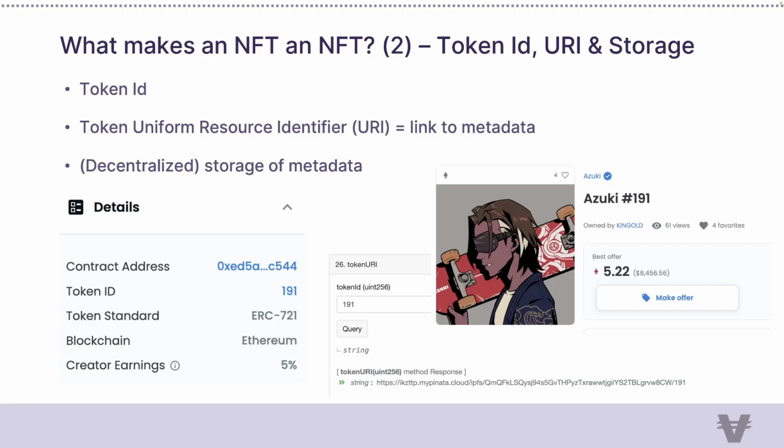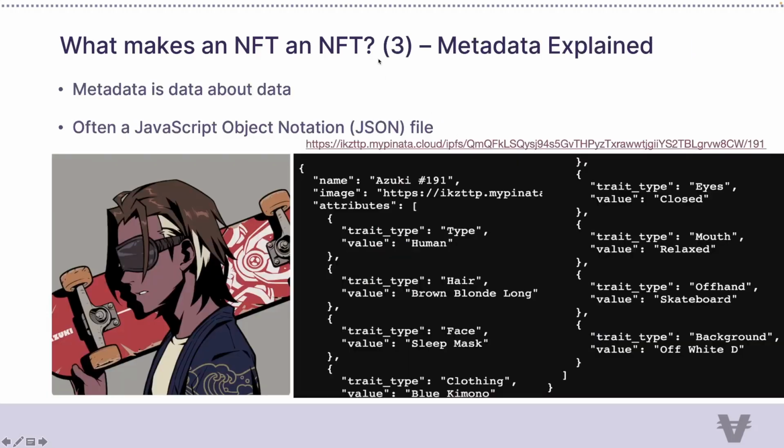And when you query that, you get this link, which is on Piñata, and it has this token ID at the end, and this is the NFT in question, and this is how it looks. Best offer is currently around 5.2 ETH, which is quite a lot.